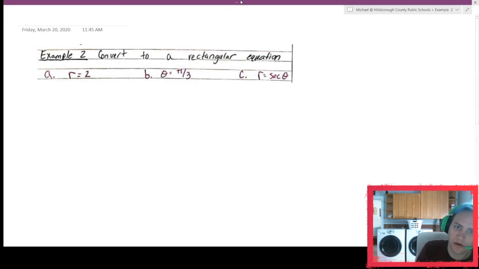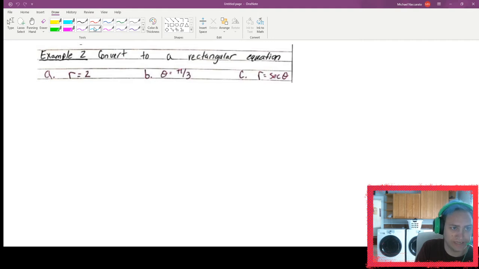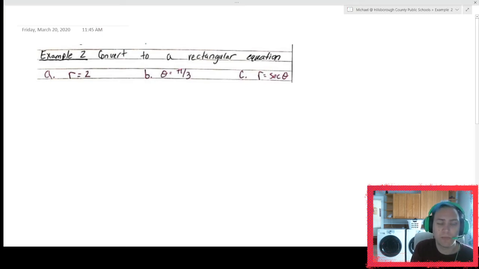In the first one it says r equals 2. Well, if you remember from the last example, part B in example 1, you know what this should come out to. R equals 2 gave us one of the equations we had earlier. We know that r equals 2 would make a graph of a circle with a radius of 2 in the polar coordinate plane.